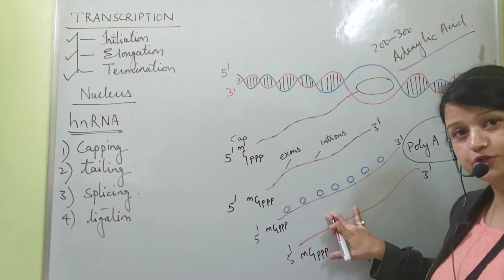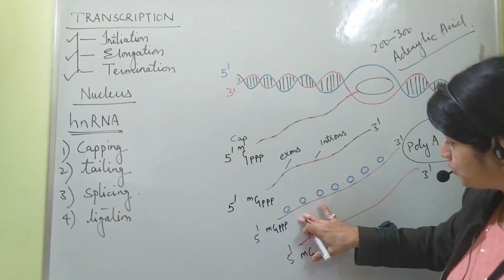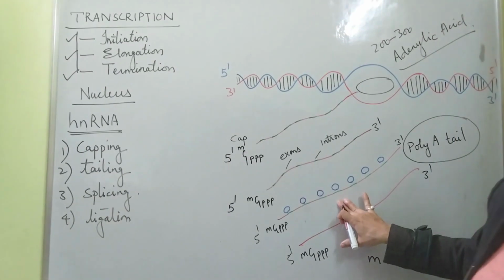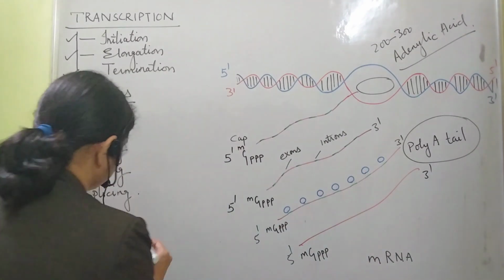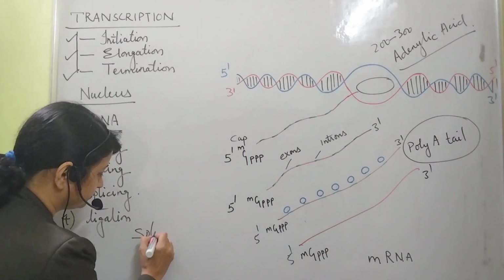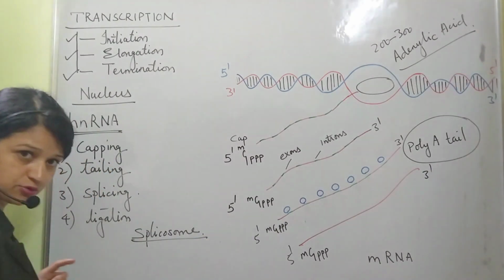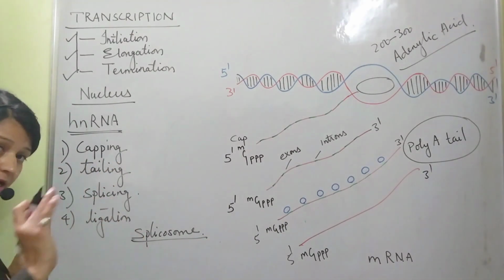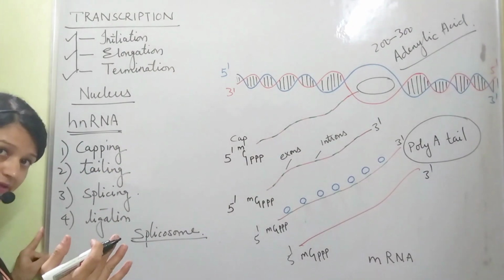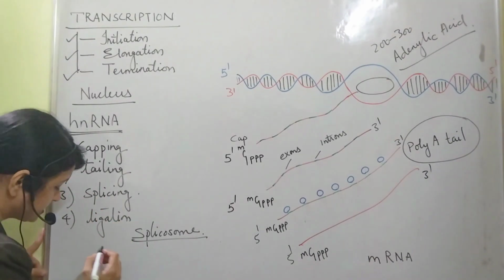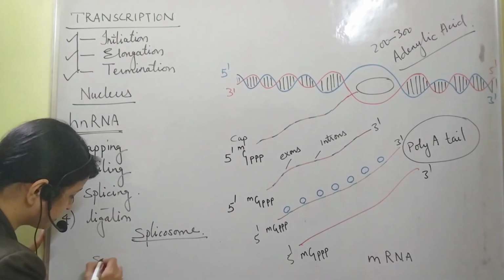After that, what do we do? The introns are removed with the help of a complex called the spliceosome. Now what is this spliceosome? There are certain proteins required for this, and these proteins are called SNRPs.